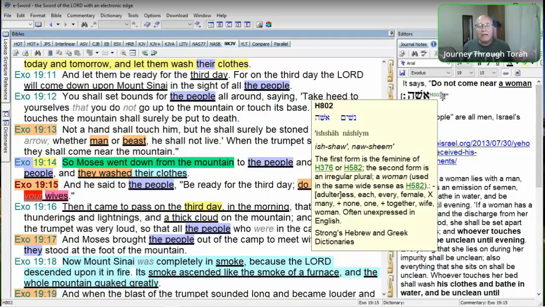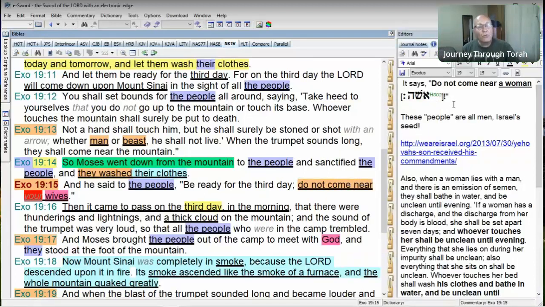An Isha. So what does it tell us? The commandments were not given to the women. I raise my voice. I get loud. I'm passionate. Because I want you to understand what's going on.